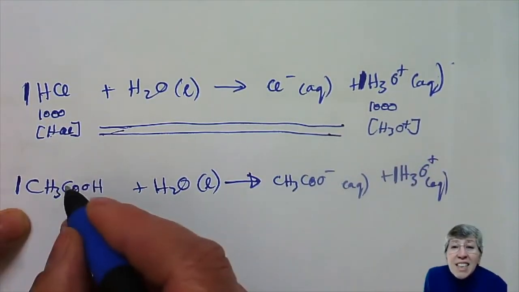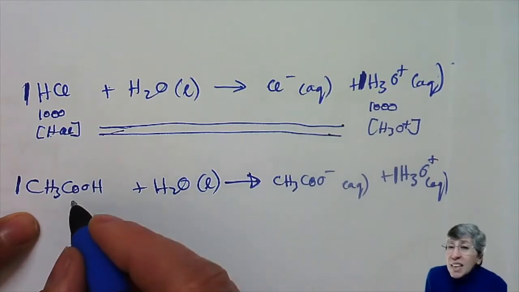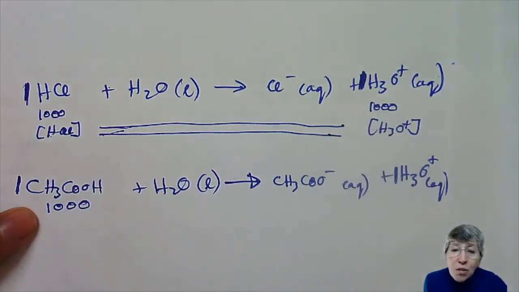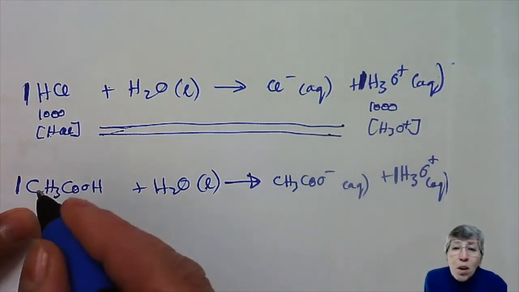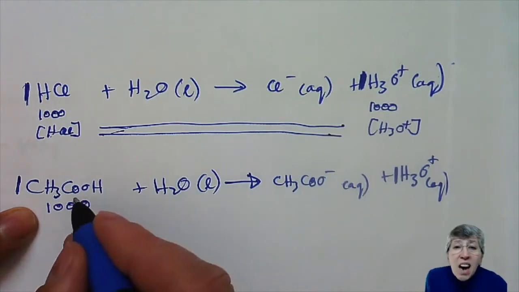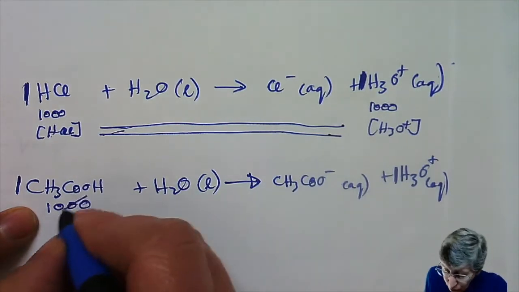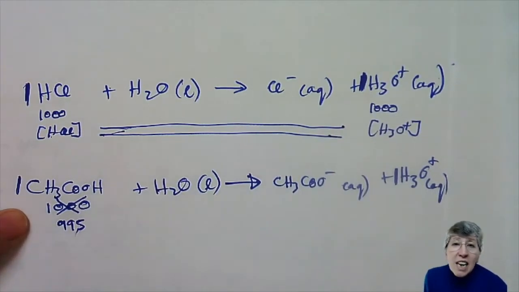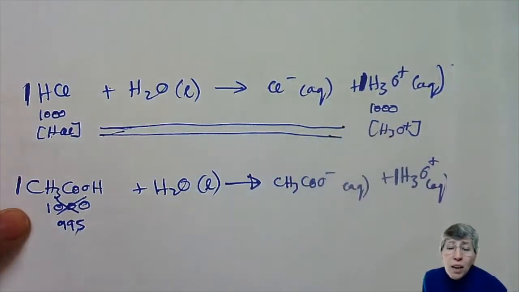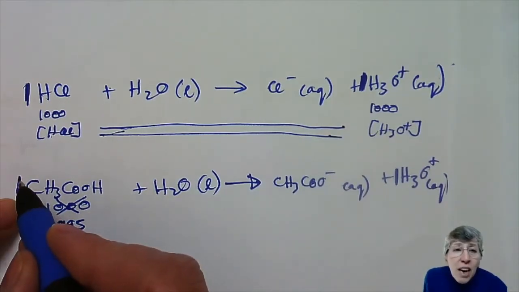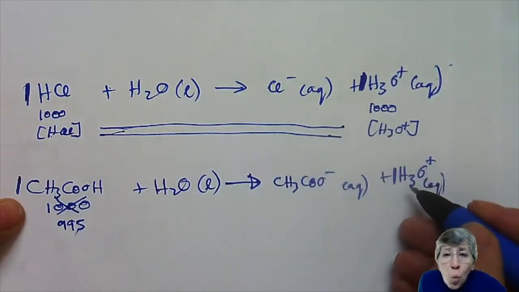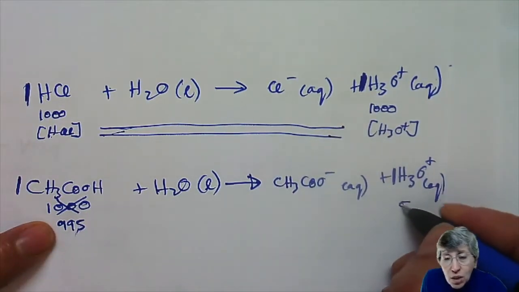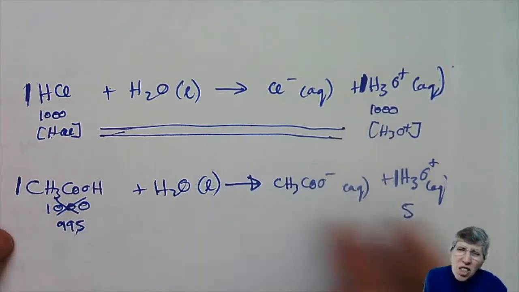But this is a weak acid, which tells me that it does not ionize completely, which tells me if I put 1,000 of them in there, only a part of them will react. They ionize incompletely. So of the 1,000, something like 995 will stay like this, and only 5 will react, right? So every one that reacts gives you 1 hydronium ion, but there's only 5 reacting, so this is only going to be 5, right?